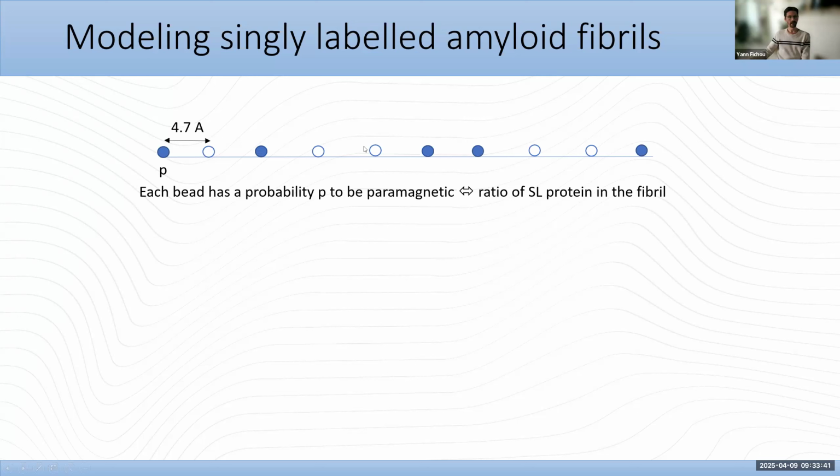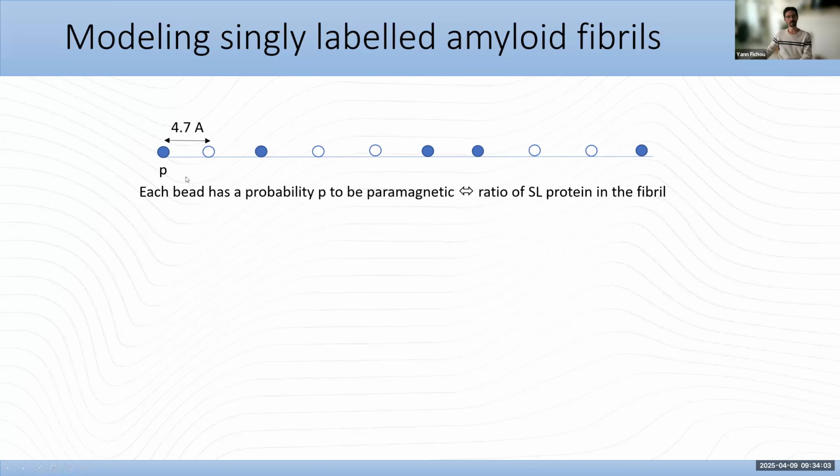We simulate our line of spins by having different particles like this, and we would numerically make them paramagnetic. We will give each of those beads a probability to be paramagnetic, with this probability P here.